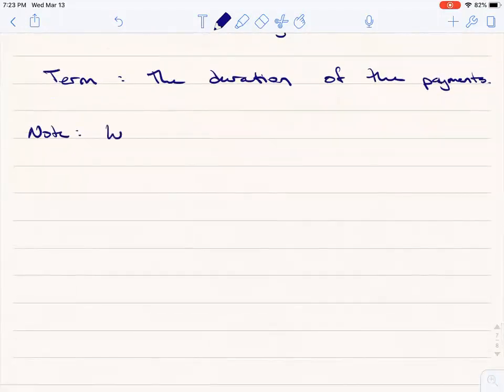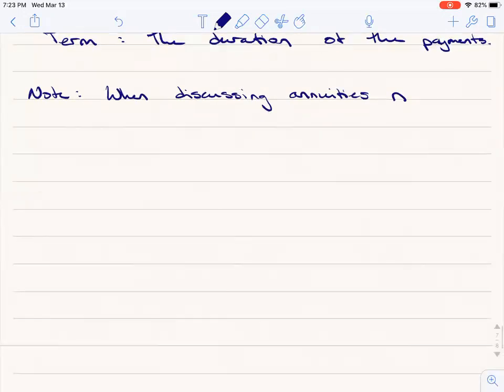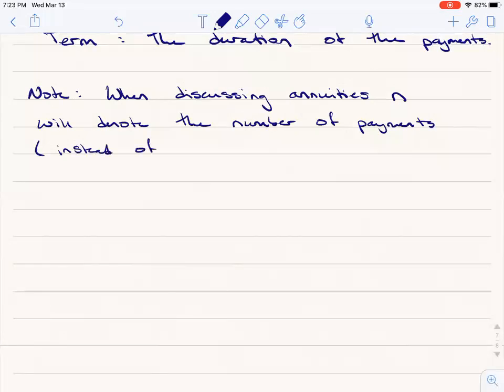So when discussing annuities, n will denote the number of payments, I'll put in brackets, instead of the number of compoundings.